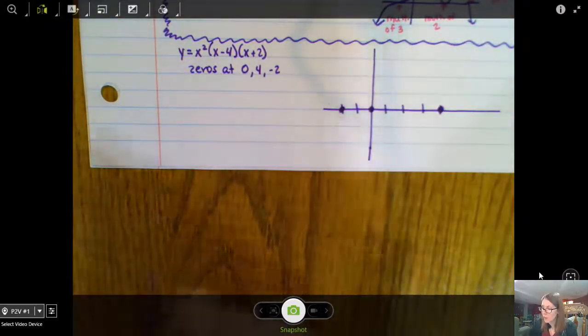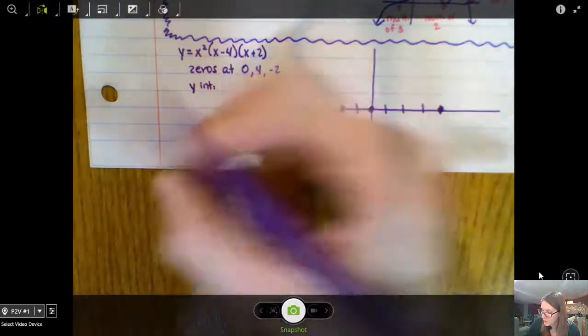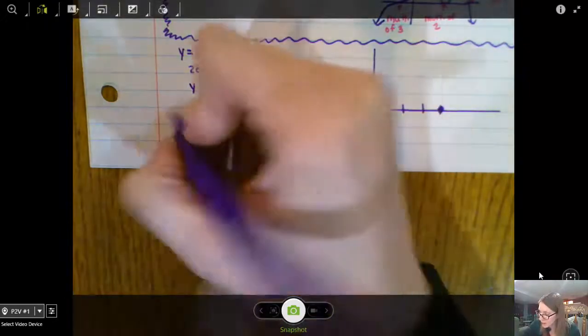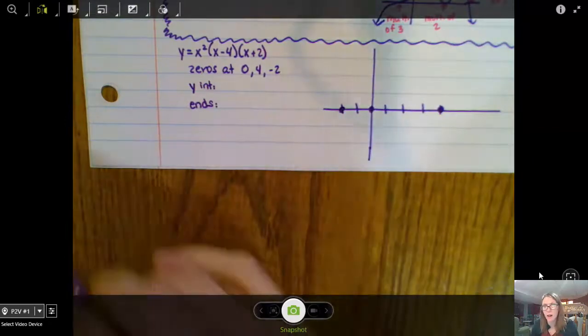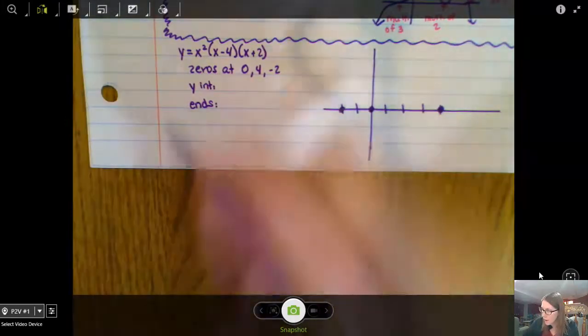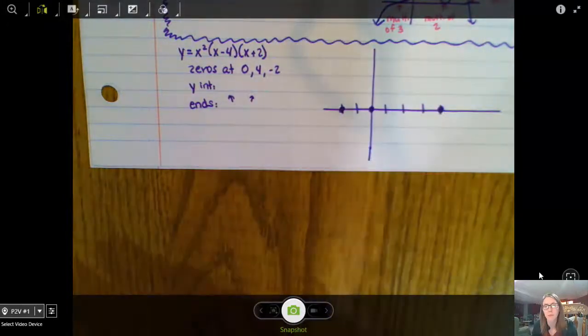Don't forget that when we're making a sketch, we also want to include our y-intercept, and then we want to show our correct end behavior. Since our degree is even here, we had a degree of 4, that tells us that both of our ends are going to go up.